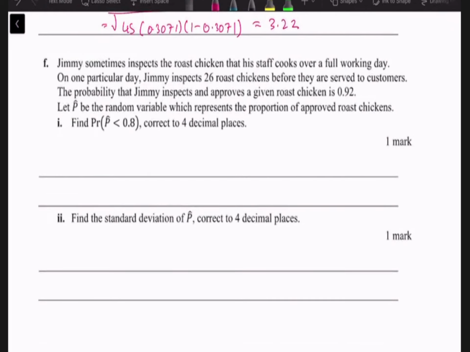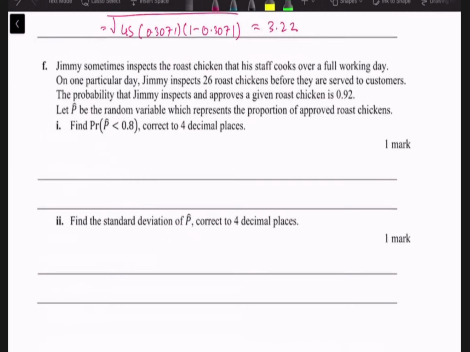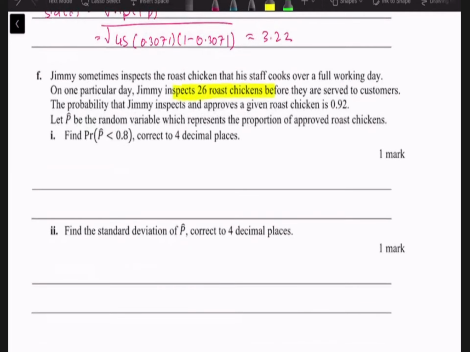So now we're at the sampling part. I think the sampling part was pretty okay. Maybe it was just worded a bit harshly, but there's 26 roast chickens, so that's your sample size, and the probability is 0.92. At first it's asking for the probability that p hat is less than 0.8, so we know we can't find probability if our variable is p hat, so we can convert it to something.